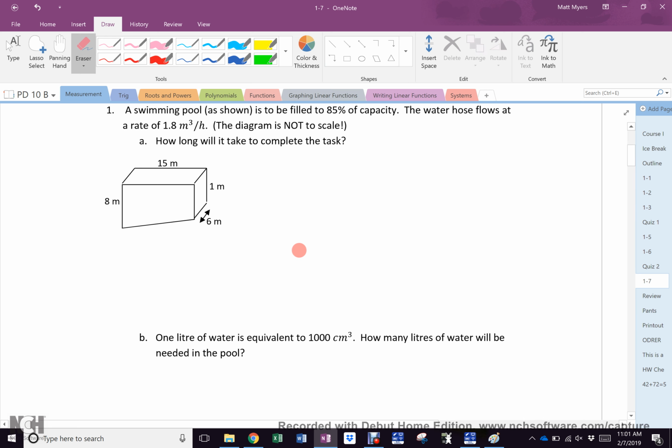This page will be checked tomorrow. All this assignment. Well, I don't want to call it an assignment. This example of your work.